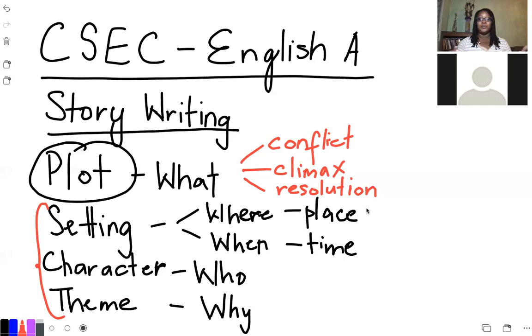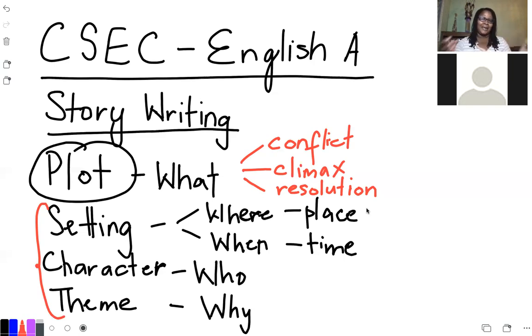Now, when it comes to story writing, your imagination is as wide and as wild as you want it to be. Typically, when you're writing a story, depending on the stimulus that you're given in the exam, you might be using the picture, and sometimes the picture has the place already depicted. So that's already set for you.